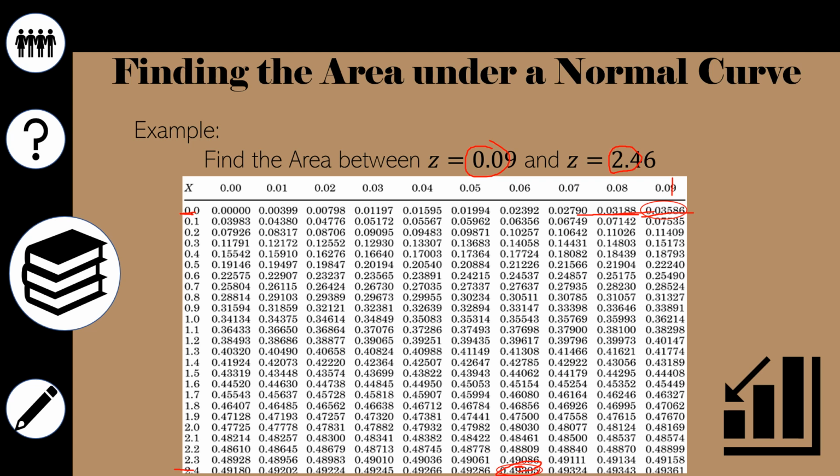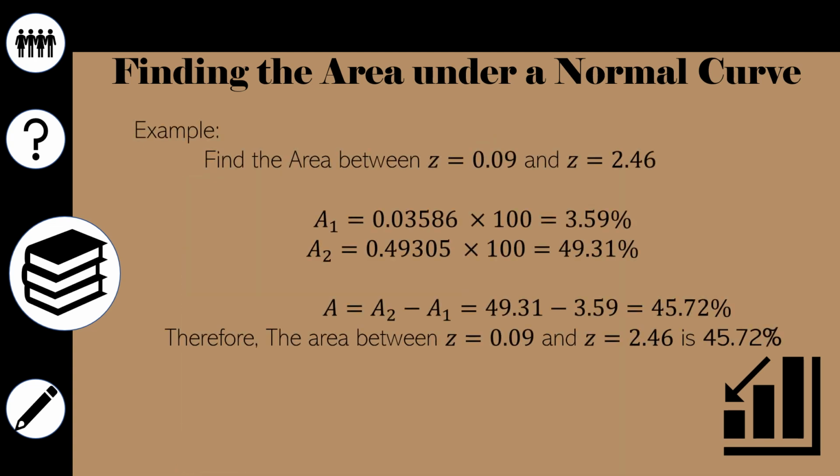Its matching point, or its overlap, 0.49305. Multiply both of that by 100, and you get 3.59 and 49.31%. Now, what do we do with that?